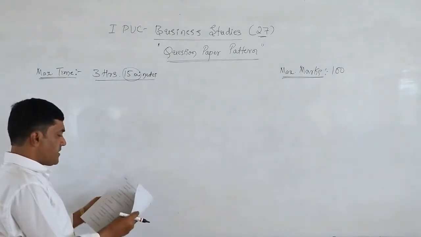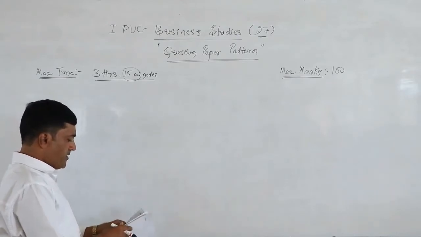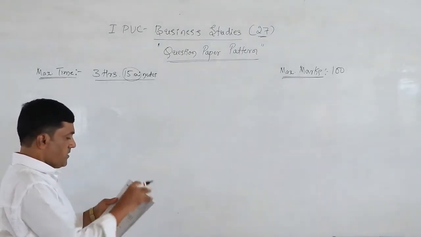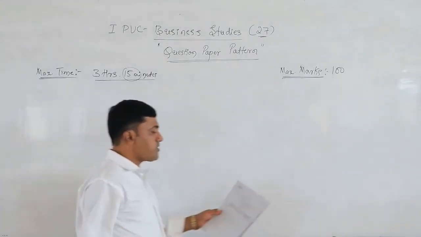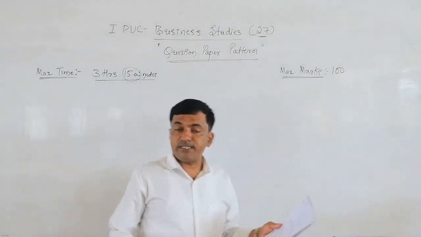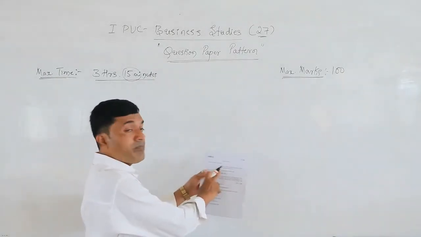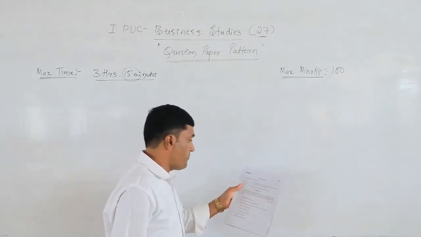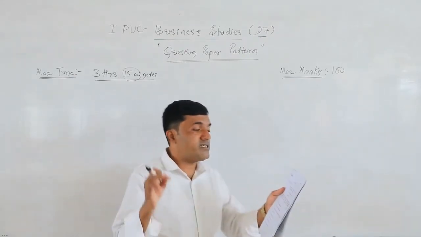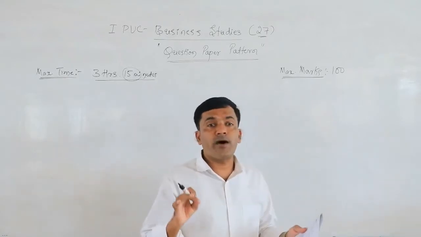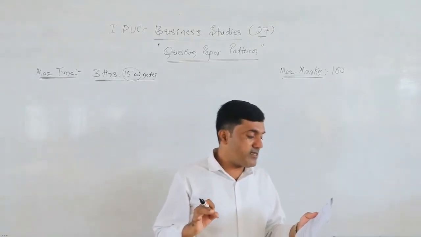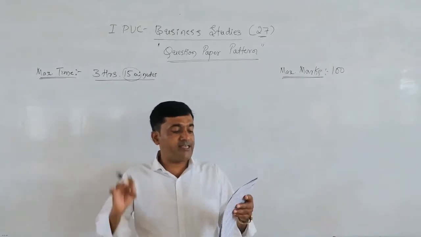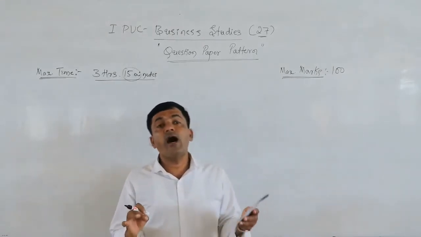they will give some instructions before commencing the questions. Look here, instructions to the candidates. They have given 2 instructions. The first one is to write the serial number of questions properly, as given in the question paper, while answering.